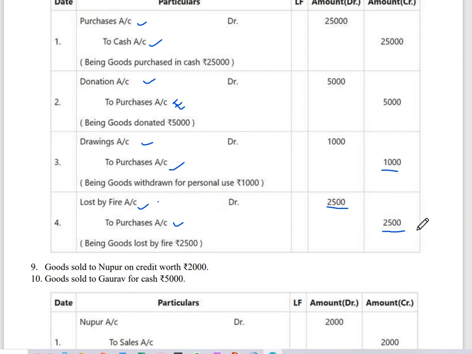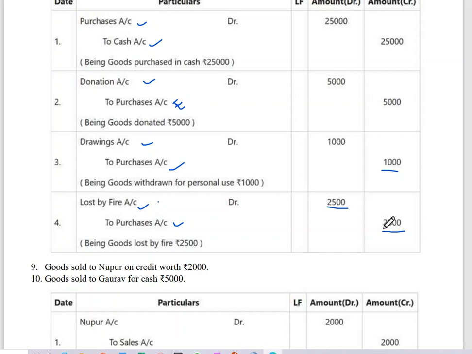in a credit form, because we have to show that out of 25,000, if you observe here, first we purchased goods worth 25,000, out of which 5,000 rupees worth of goods were donated, that is 20,000 worth of goods is left, out of which again 1,000 worth of goods are drawn by the business owner, that is 19,000 worth of goods is left. Out of that again 2,500 worth of goods is lost by fire.